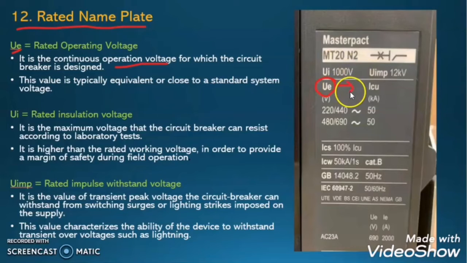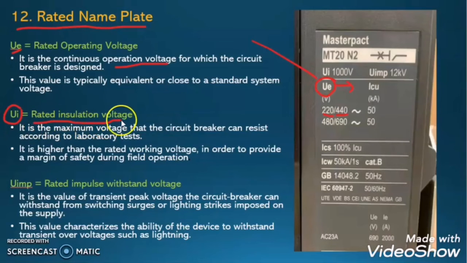This voltage will be near the system voltage, like 415 volt, 440 volt, 430 volt. Here you can see the operating voltage for this circuit breaker for 3 phase is 440 and for single phase is 220.